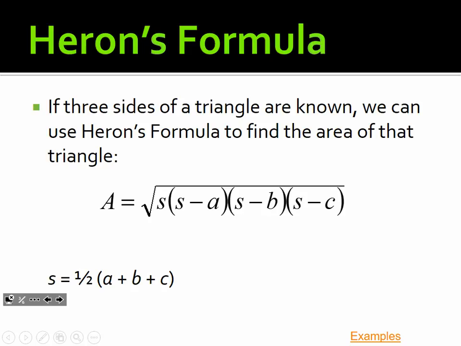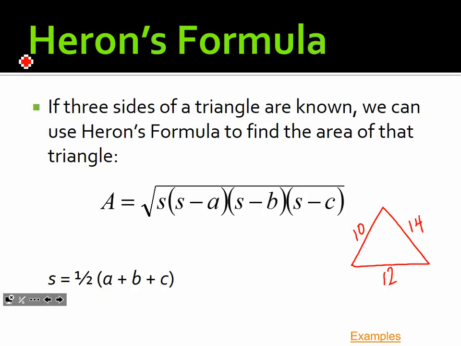All right, this formula is named after a mathematician, Heron, who came up with it. What he recognized is that oftentimes when we are given a triangle and asked to find its area, we're not able to find all the information that we need. For example, let's say we're given a triangle that's not a right triangle, and we're told maybe this side is 12, this side is 10, this side is 14.